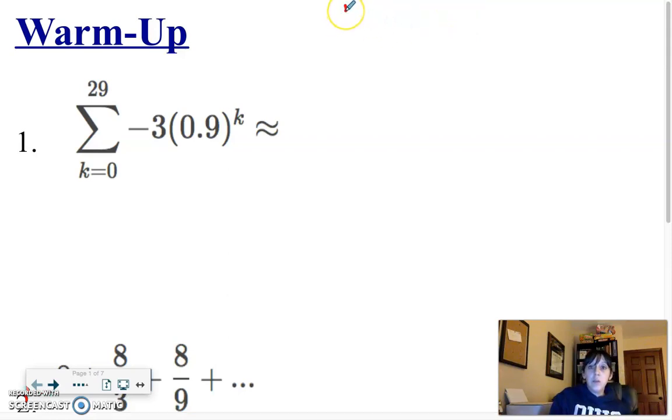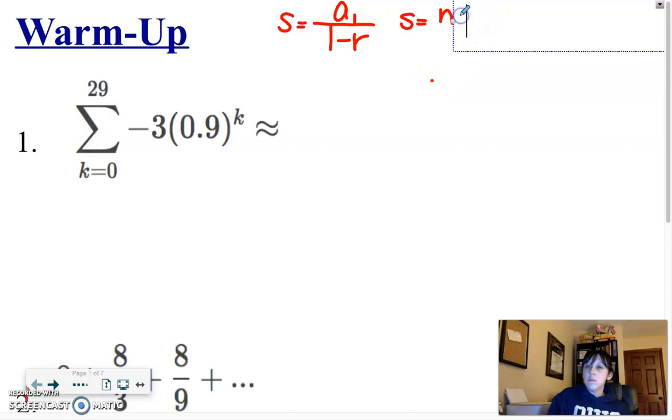One of the formulas was A1 over 1 minus R. Another formula was N times, whoops, try that again. Okay, one second. I don't know what is going on here.